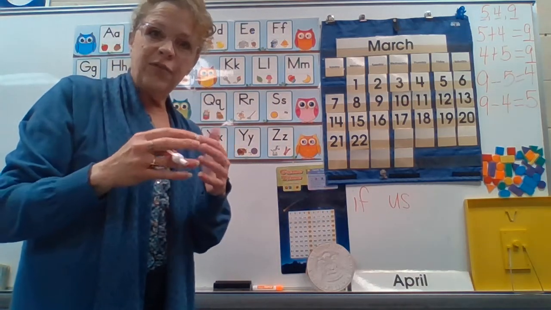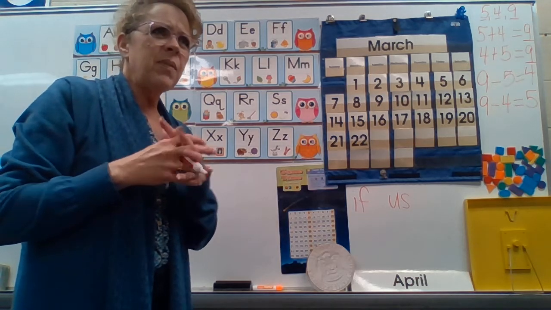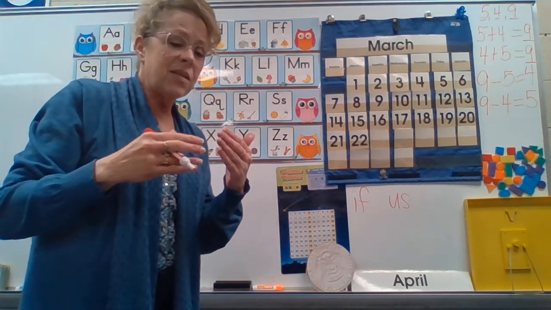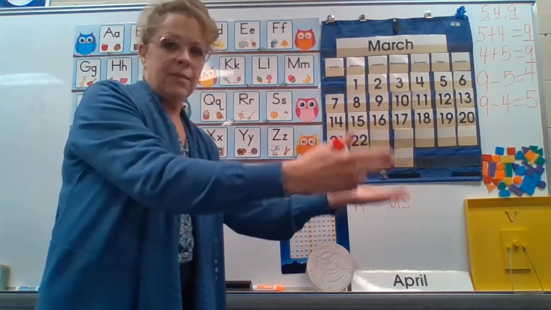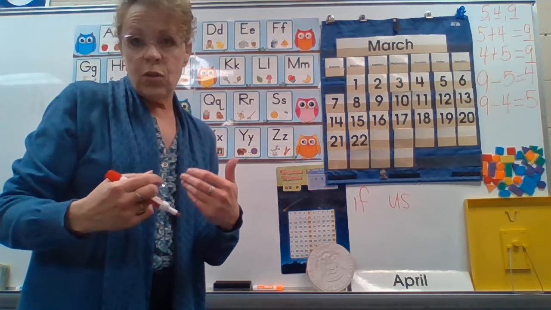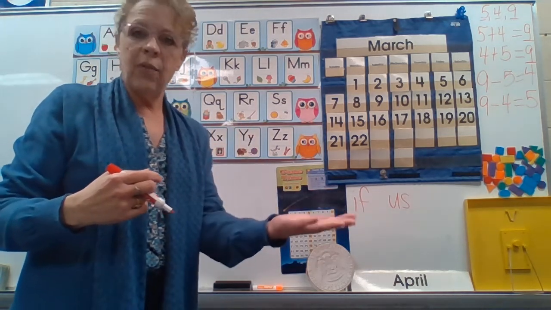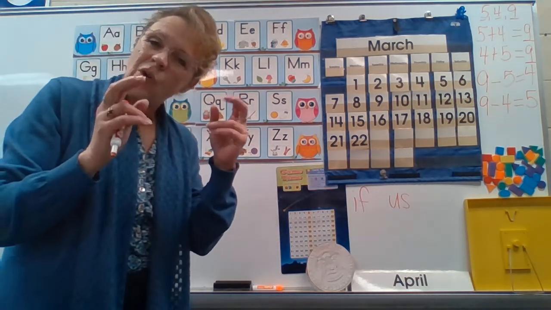Now, if is a word that means that something might happen on the condition that something else happens. So you might say, I could go to the store if I had a ride. Okay? So if is a conditional word.